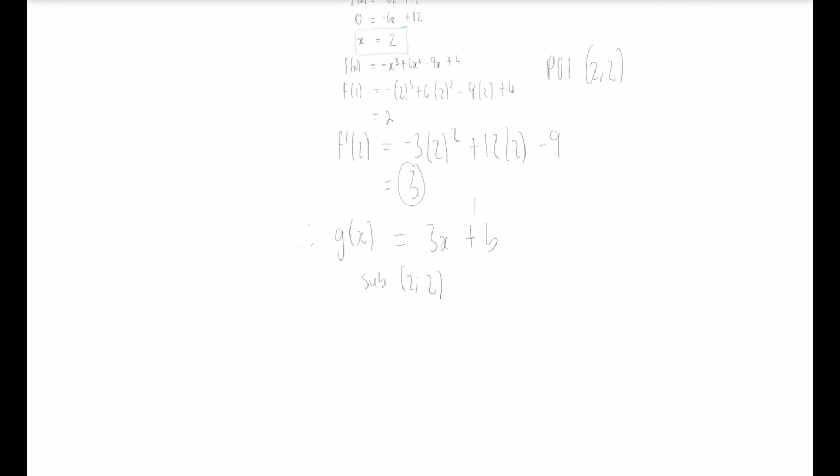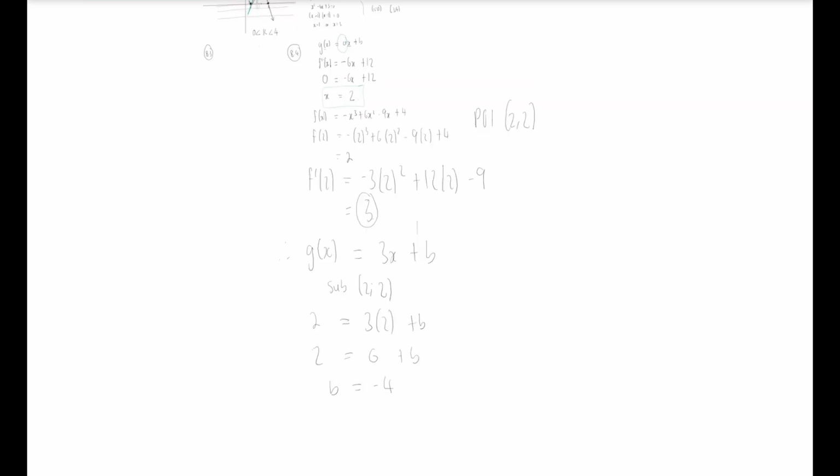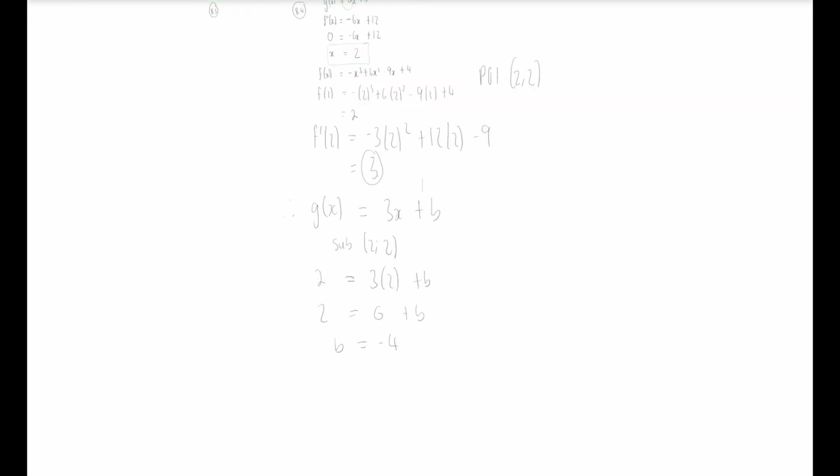So you're going to get 2 equals 3 into 2 plus b. Therefore 2 equals 6 plus b, and b equals negative 4. So now g of x equals 3x minus 4.